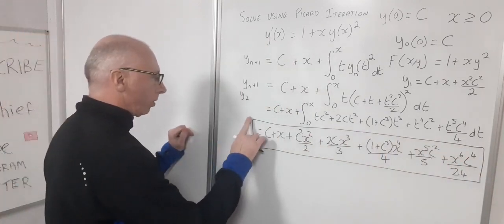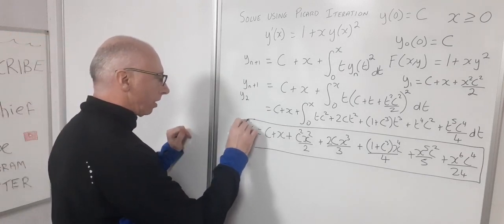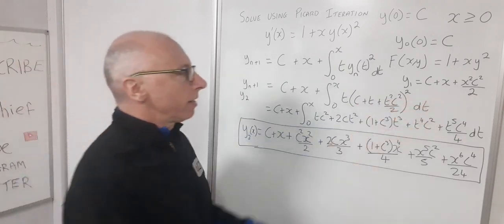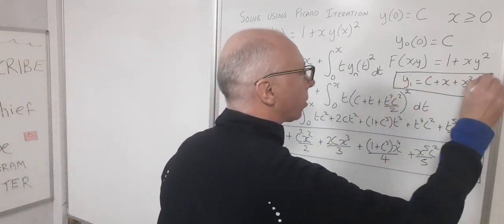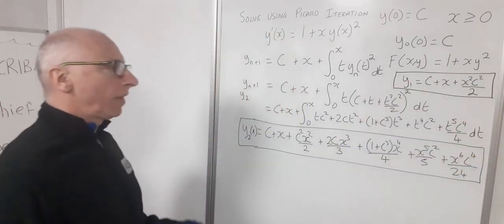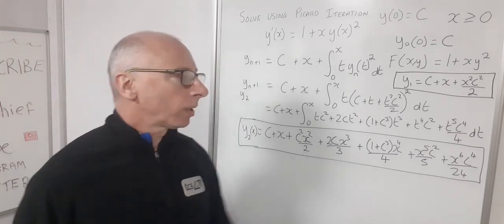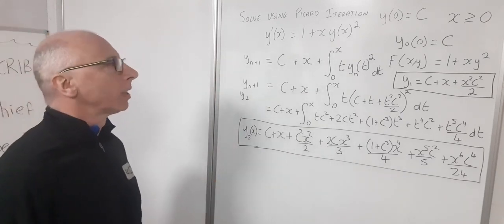So that's y2 of x. And my y1 of x is this one here. So that's my first iteration using Picard's theorem. And eventually we'll get like a Taylor series all the way along, and we'll get closer and closer to the value of our y of x. Okay.